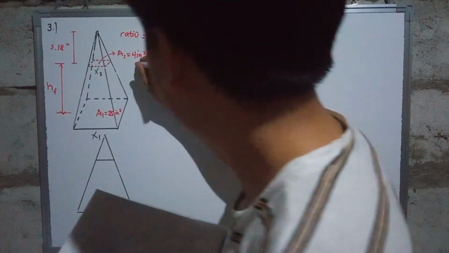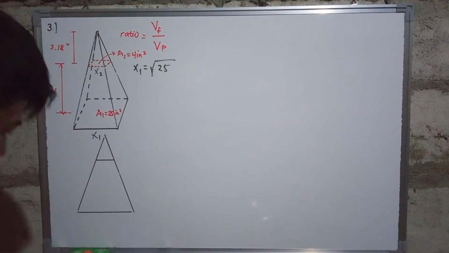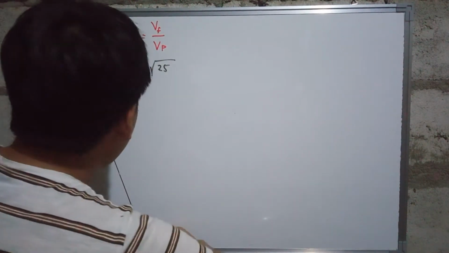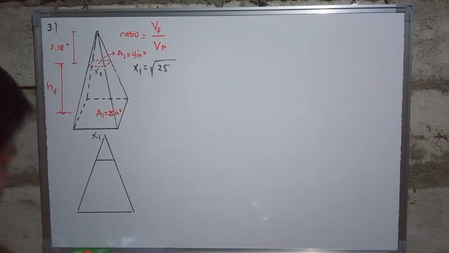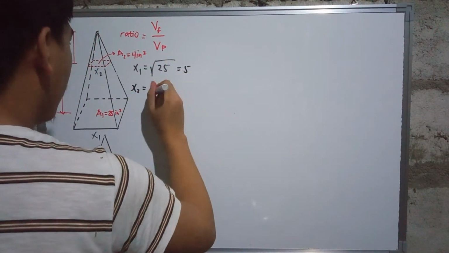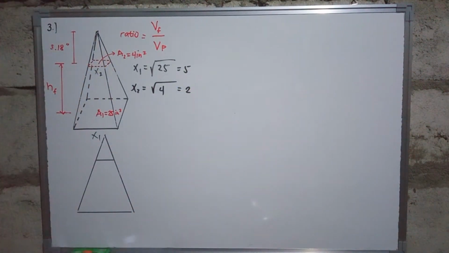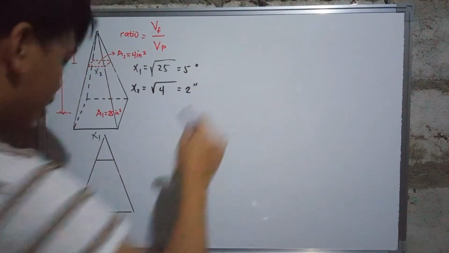So, x sub 1 is equal to square root of 25, which is obviously equal to 5. And then, para makuha natin yung x sub 2, square root of 4 lang. So, that will become 2. 5 inches at saka 2 inches.